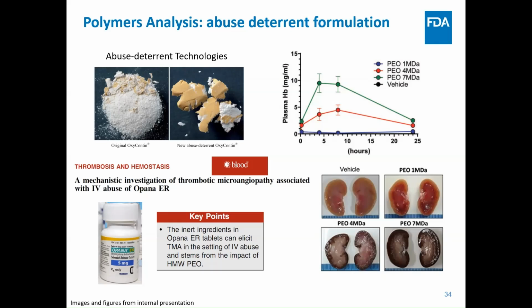So, to better understand their toxic effect, we need to do a very good characterization of this polymer. And among the different physical chemical properties, the molar mass distribution is one of the critical ones that affect the role of PEO in the ADF formulation.